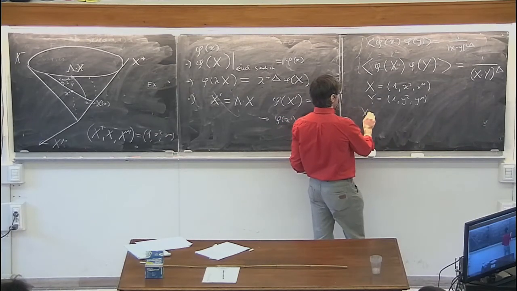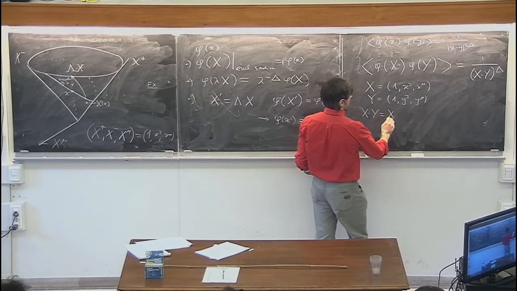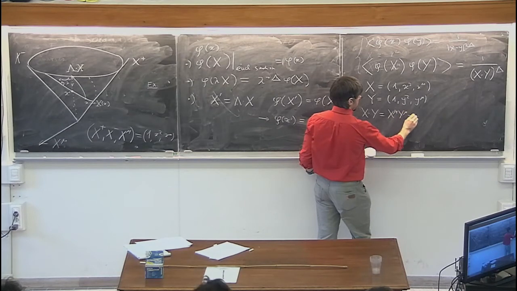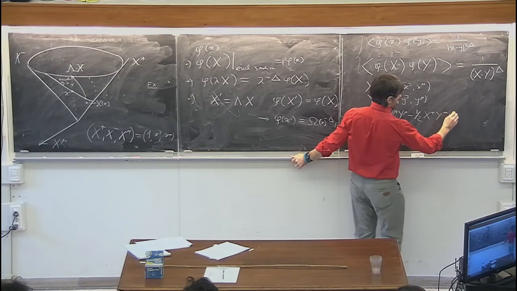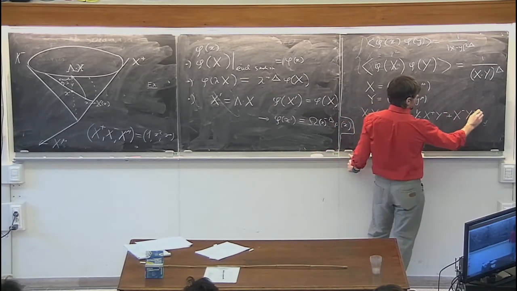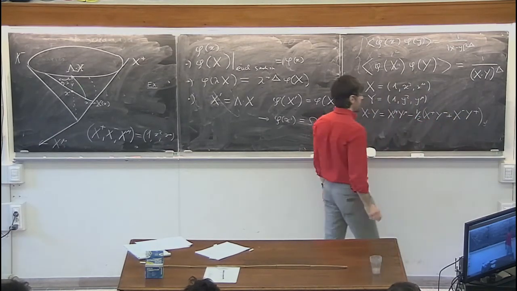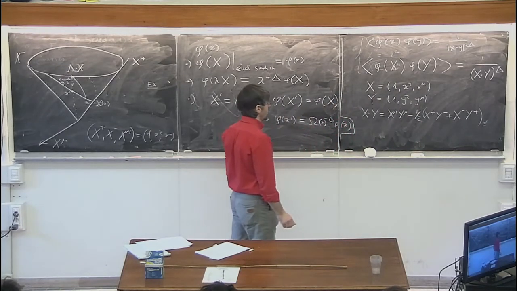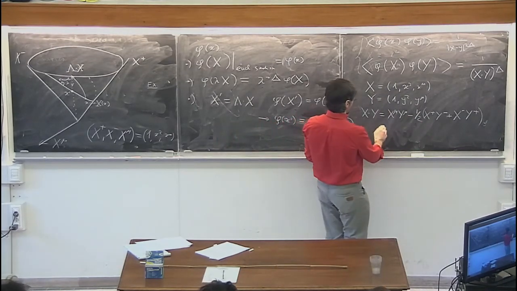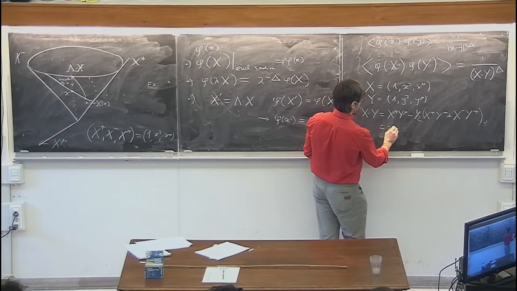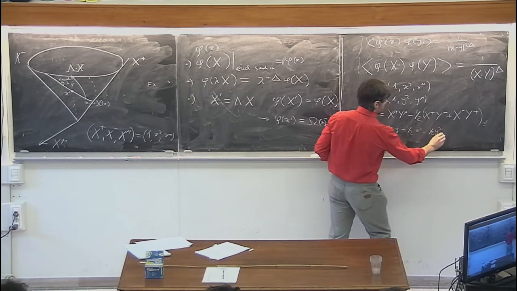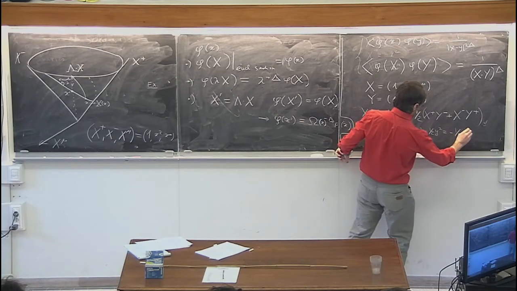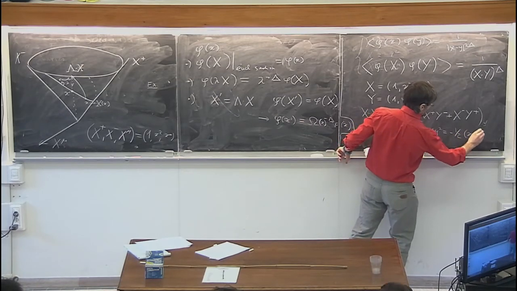So x times y is equal to x mu y mu minus 1/2 (x plus y minus plus x minus y plus). Scalar product. So we substitute and we get x times y equals minus 1/2 x squared minus 1/2 y squared. So we get minus 1/2 (x minus y) squared.